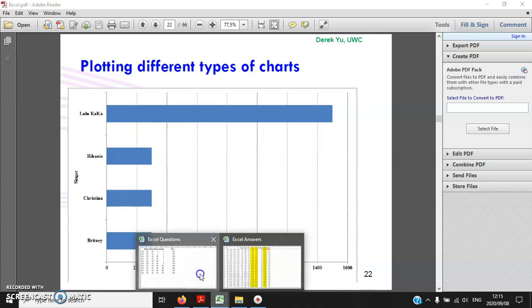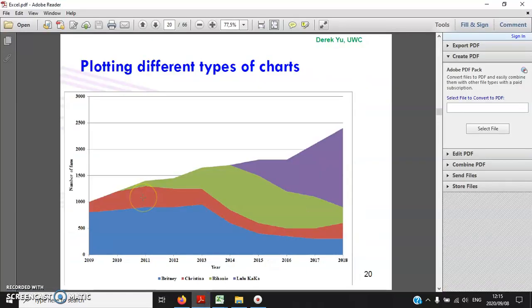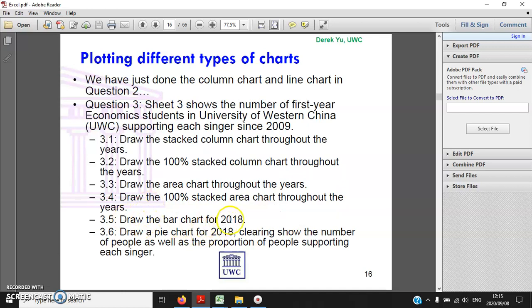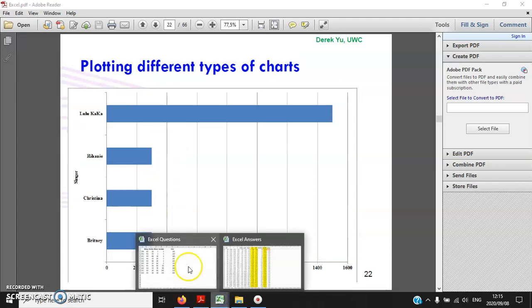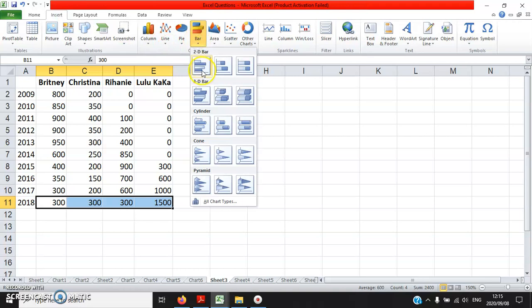Okay, so now it is a different data range. Only here, the question asks 2018. Where is it? Yeah, bar chart for 2018. Then the last one will be the pie chart for 2018. So this is the one we want to do. Insert bar chart, this one.